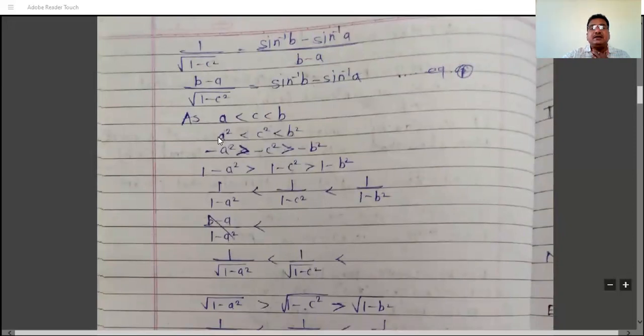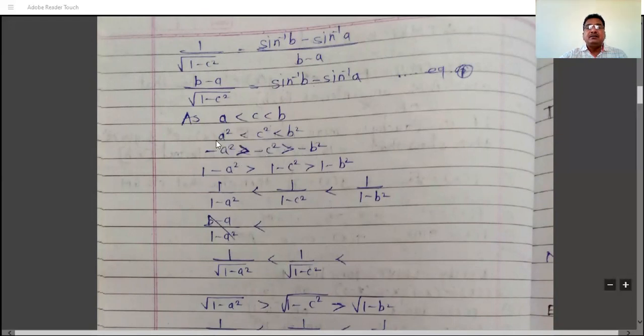If a and c are negative, then after squaring we have the greater than sign in place of less than. But here a, b, c are positive, and therefore the sign remains as it is, that is, less than remains less than.